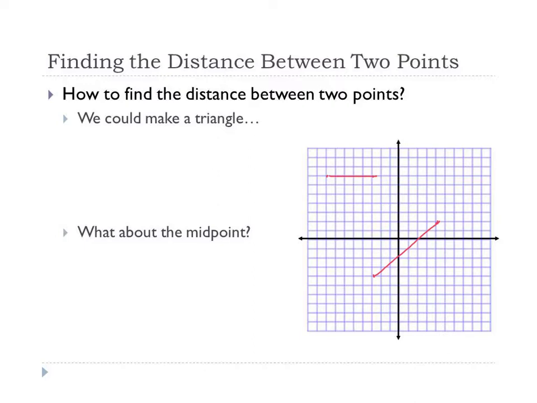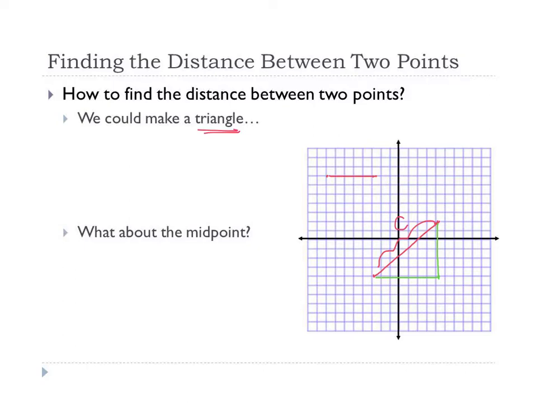One thing I've suggested here is what happens if you make a triangle. If you complete this triangle, is there any way that you could find that distance? For the sake of it, we're going to call this side over here C. Is there some way we could find C?